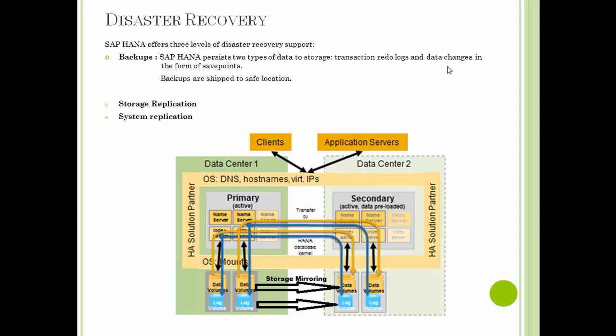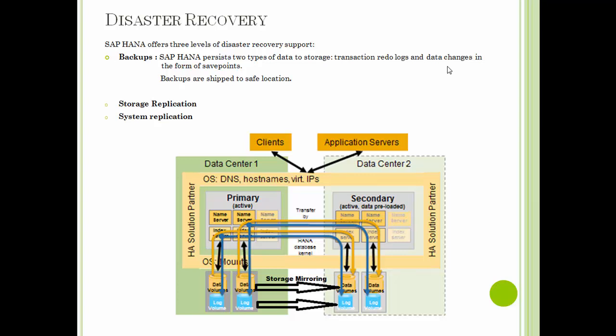What is this transaction redo logs? Transaction redo logs are the logs which record a change. We know that to make any transaction durable, it is not required to persist the data changed, but it is sufficient to persist the redo log.